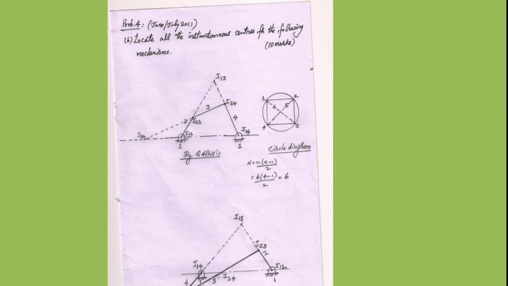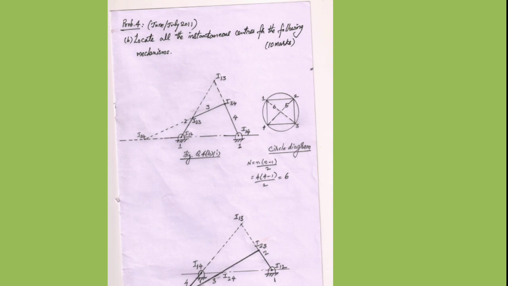Now see instantaneous center number 6, that is I13. For I13 we have 2 triangles. 1, 4, 3 is one triangle. 1, 2, 3 is one more triangle. Join 1, 2 and 2, 3, and you are going to get 1, 3. For the other triangle, join 1, 4 and 3, 4.